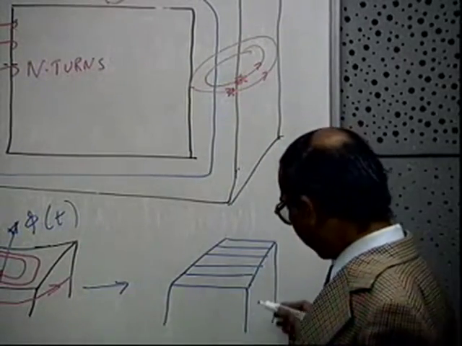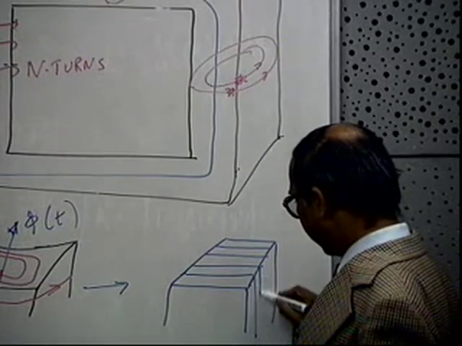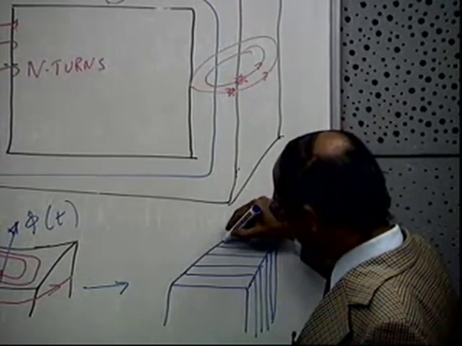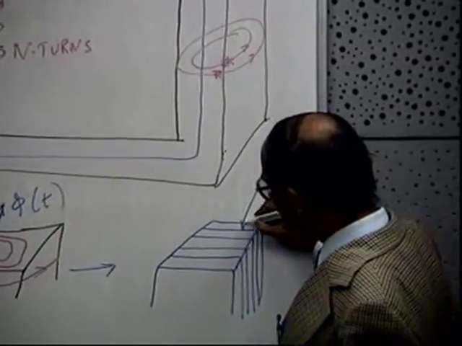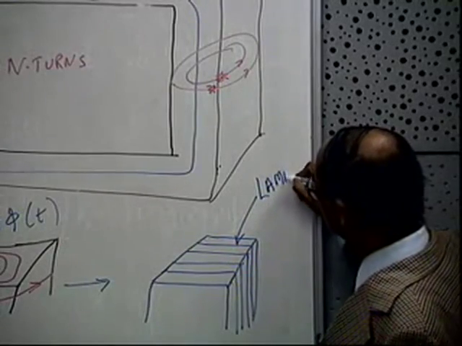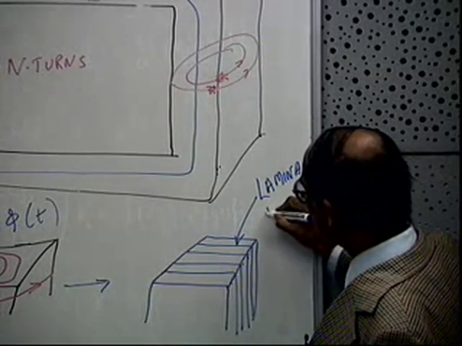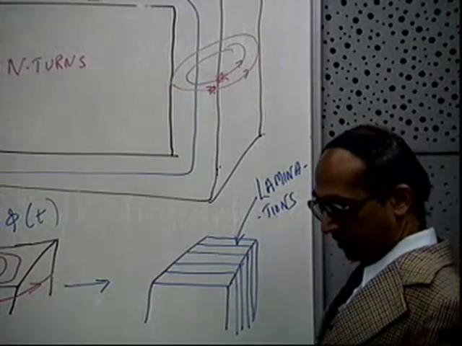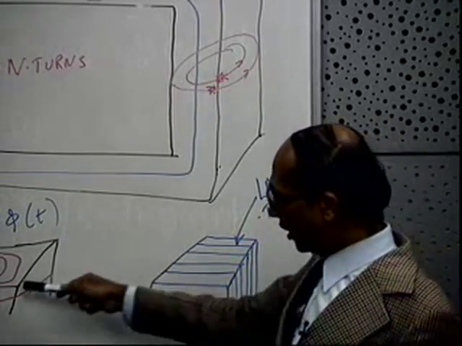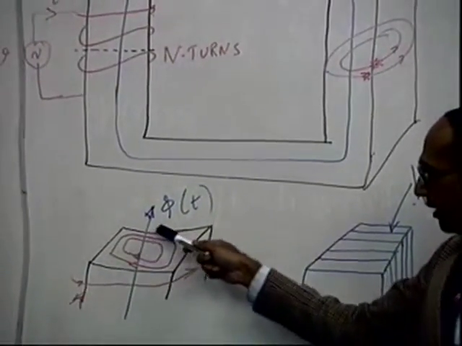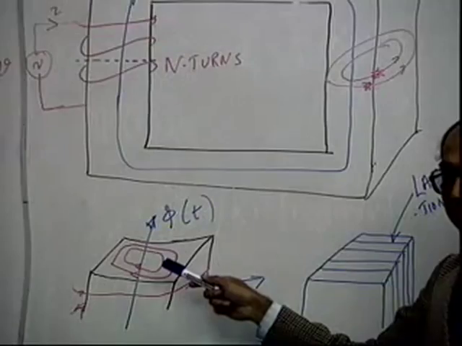Let's say each one is a lamination. If it is a solid core, then there will be more eddy current loss.